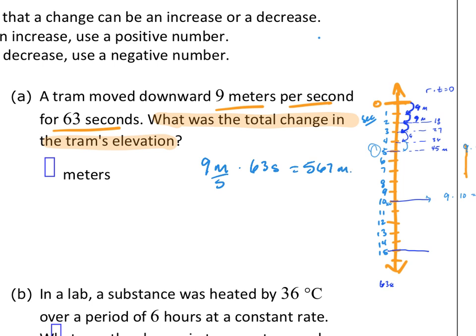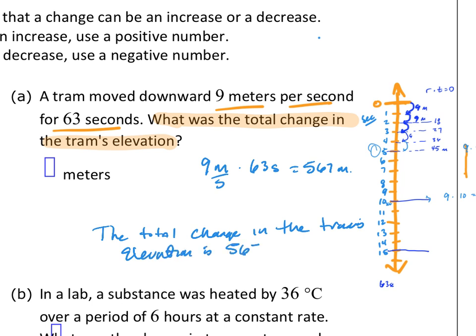So our answer would be the total change in the tram's elevation is 567 meters.